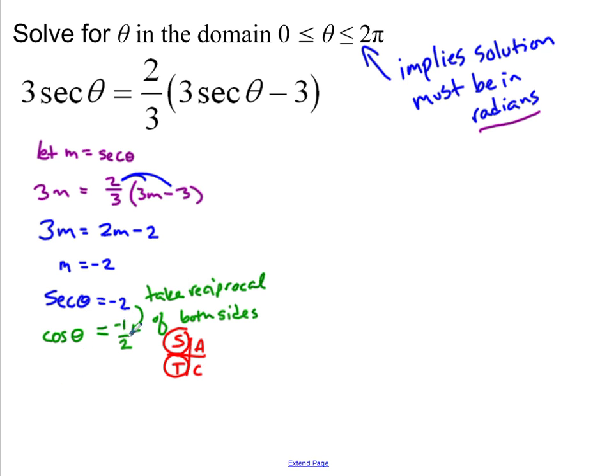Then I'm going to do what I did before. I'm going to ignore the sign on this and do the inverse cosine of the absolute value, just the positive half. Works out to be a 60-degree reference angle. Okay, so I know my 60-degree reference angle's got to be in quadrants 2 and 3.